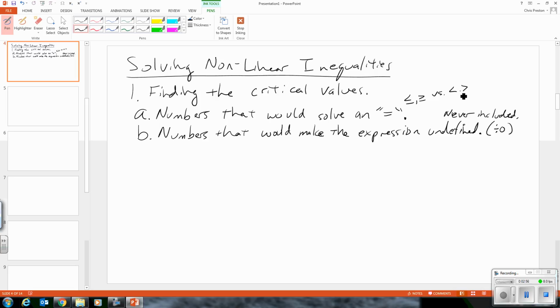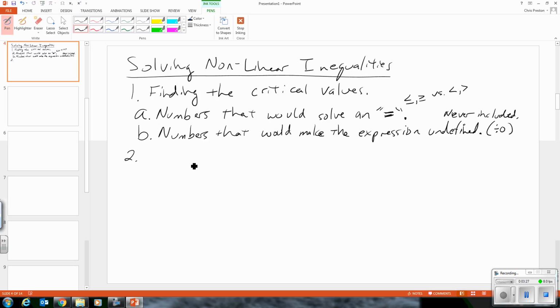So, in this first type, these answers would be included because you have an option as, I could treat it as an equal sign. That's an option, less than or equal to, greater than or equal to. So since that's how you get the first type of critical values, those would be included. Whereas this just says to be less than or greater than, you don't have that option, so these wouldn't be included. The second type, you're never allowed to divide by zero, so these second ones are never included.